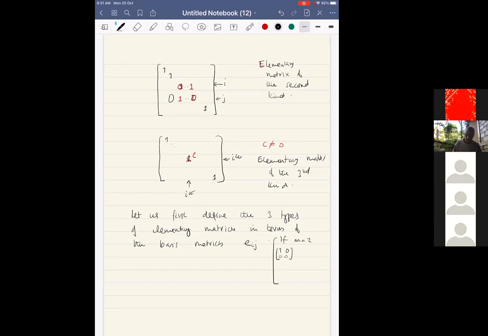This is E11, this is E22, this is E12, and this is E21. It could be the other way.